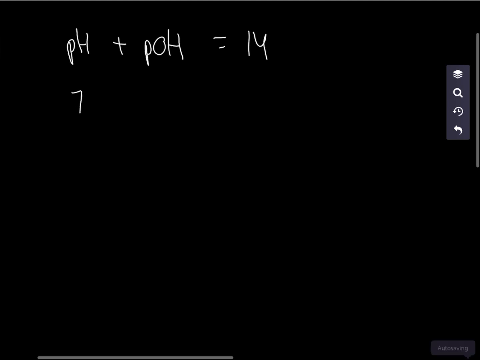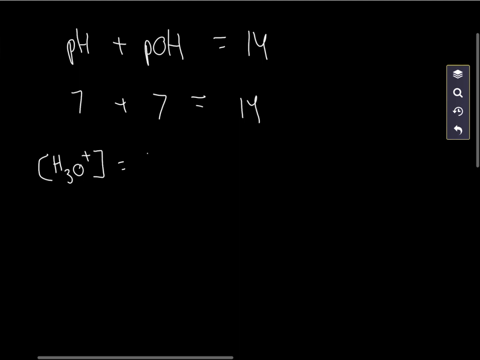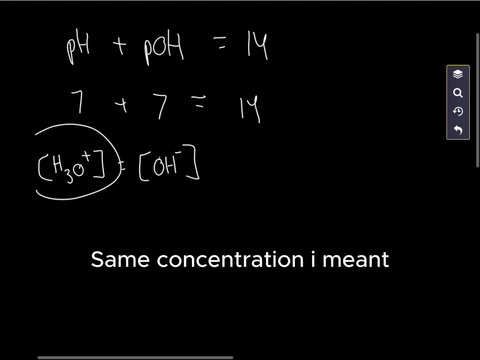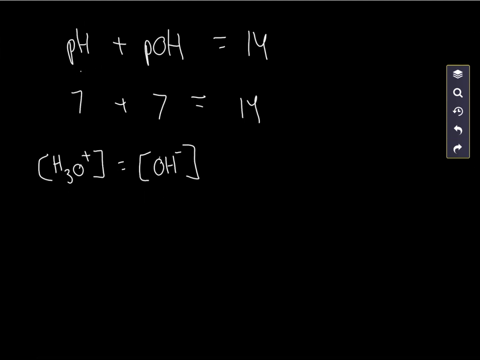That means your pOH is also 7, and this adds up to 14. Something that has a pH of 7 is neutral, meaning the concentration of your hydronium ion equals the concentration of your hydroxide ions. You have the same amount of each, which is why the pH is 7.